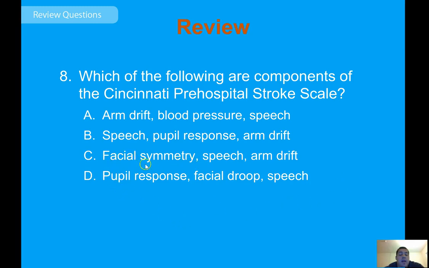Okay, so you're going to ask them to smile. Is their smile symmetrical? Is there droop on one side? Speech, how do they sound? Do they sound slurred? Are they having trouble getting words out? Or do they have trouble understanding words? And then arm drift. Tell them to hold out their arms like they're holding up a pizza box.